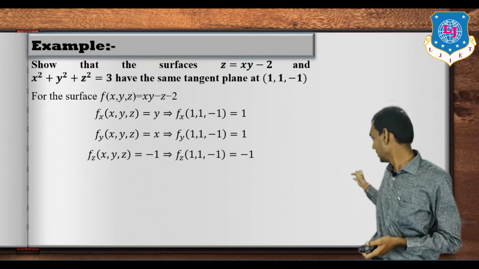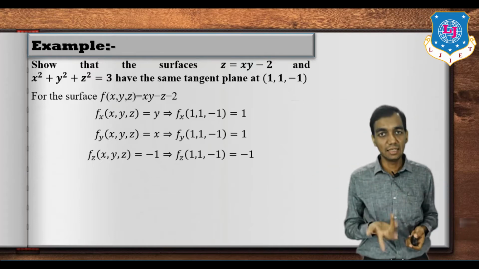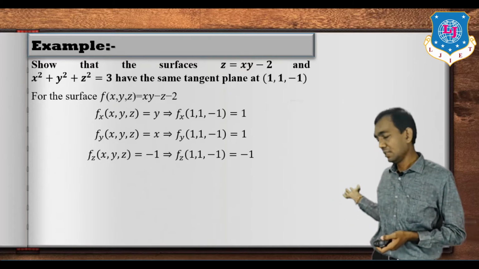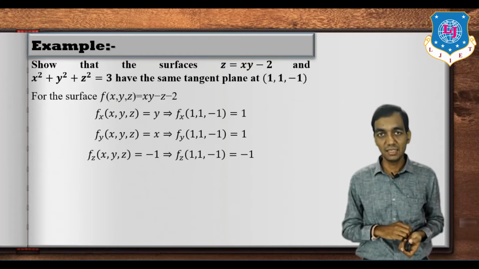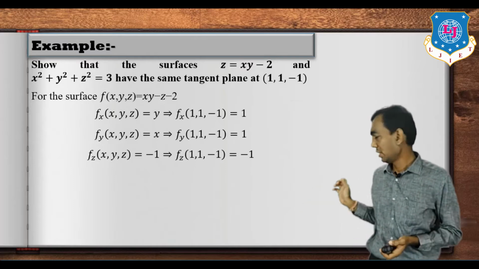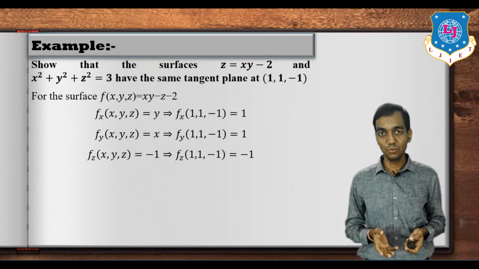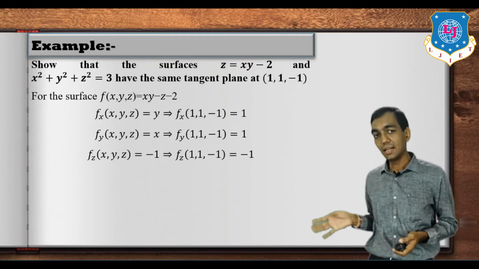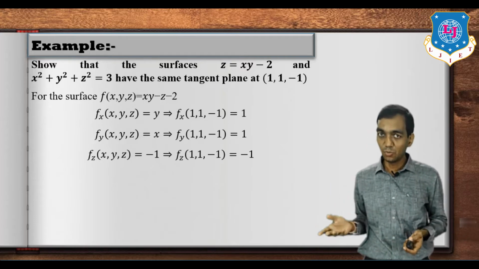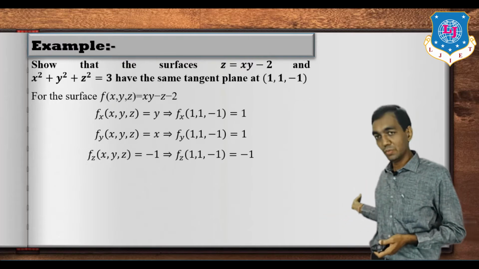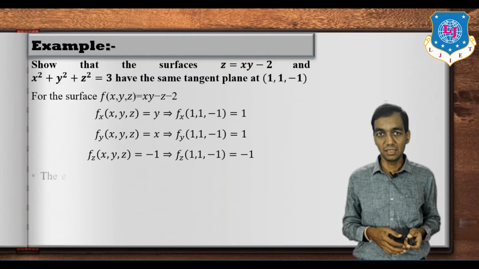So fx at the point (1, 1, -1) will be 1. In the same manner, fy is the derivative with respect to y, which has a value x, and therefore fy at the point (1, 1, -1) has a value 1. In the same manner fz has a value -1, and if you put in the point (1, 1, -1), it remains -1.